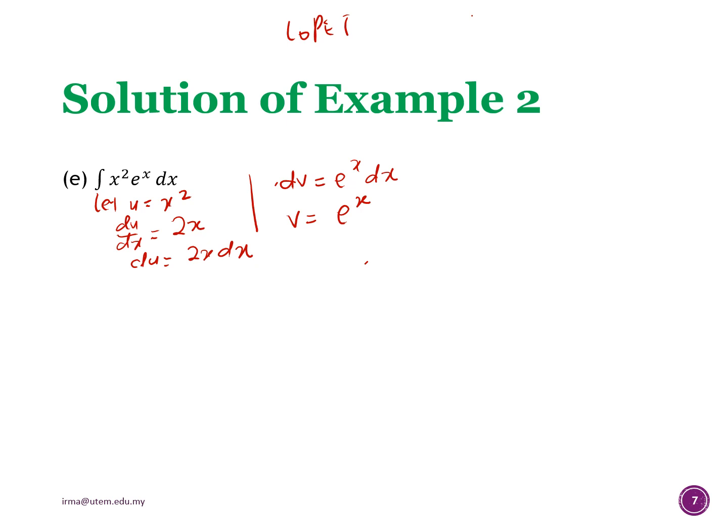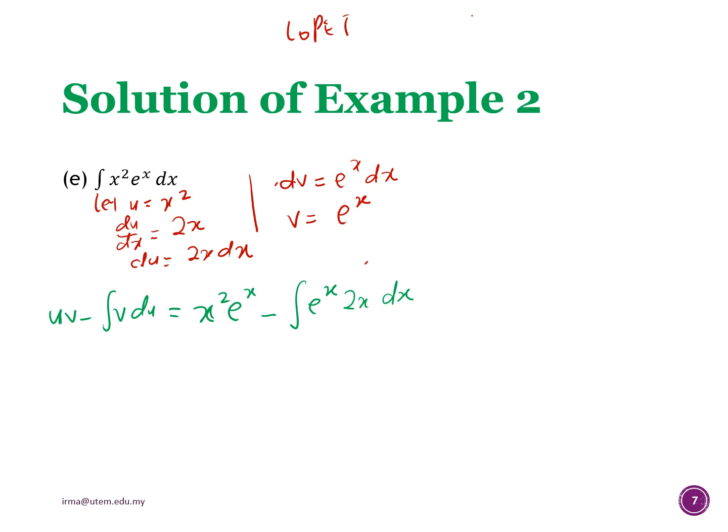So now when we substitute into the formula, we have uv minus integrate v du, so we will have x squared times exponent x minus integrate, our v is exponent x and our du is 2x dx.